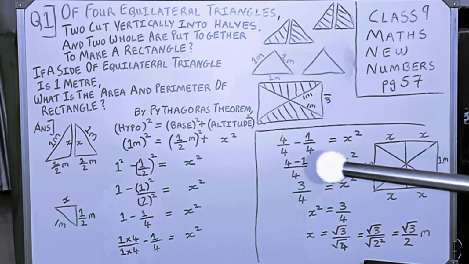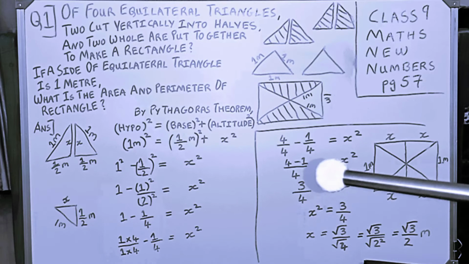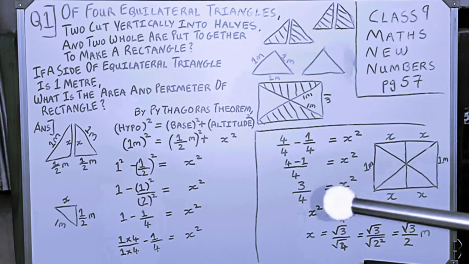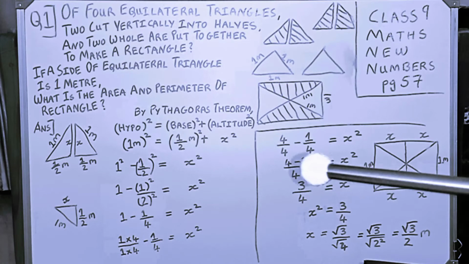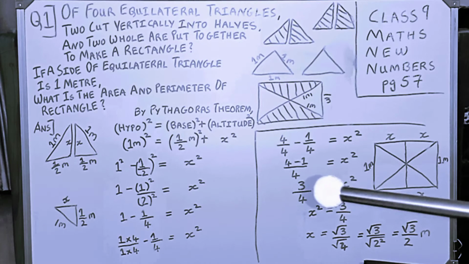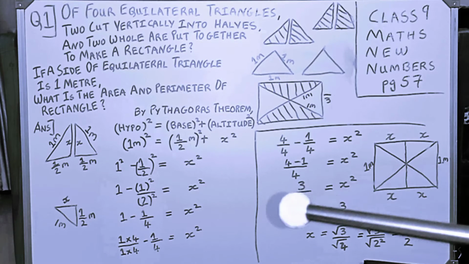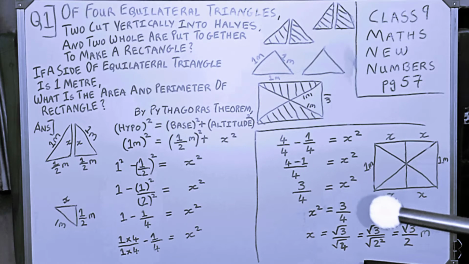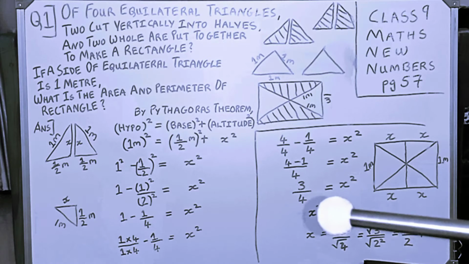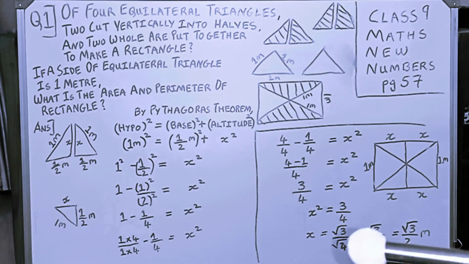Since there is a minus sign, we take that on the numerator. 4 minus 1 is 3, and the denominator is 4, equal to x square. Okay, so this is x. This term we can take to the opposite side. So x square is equal to 3 divided by 4.